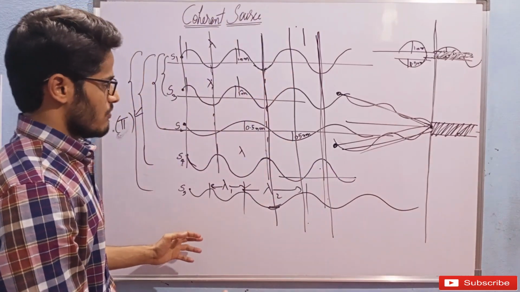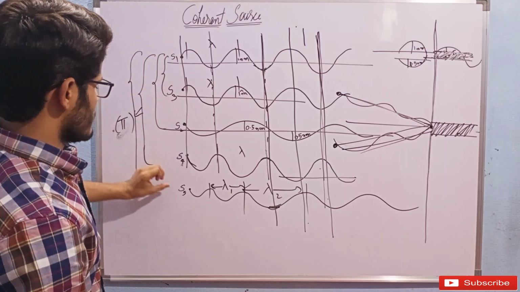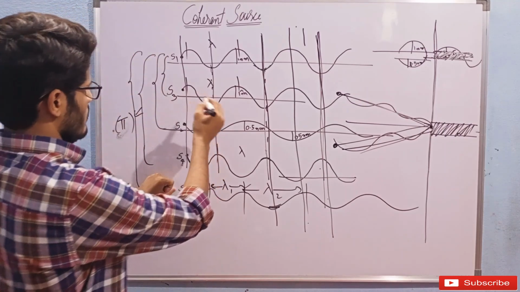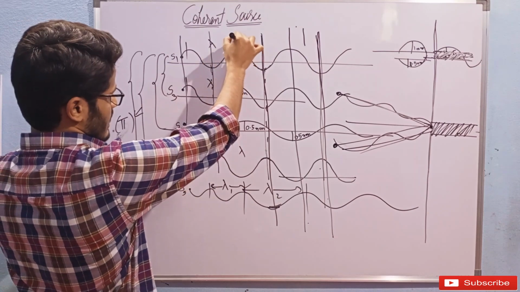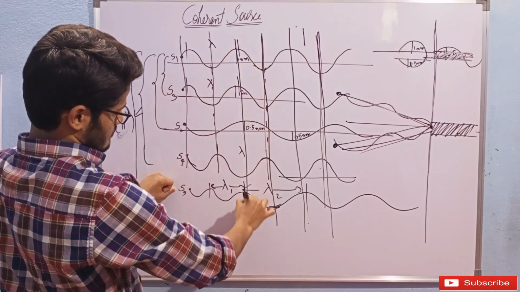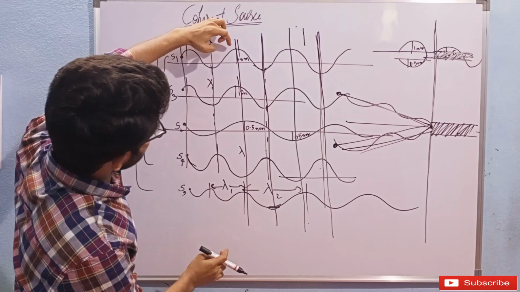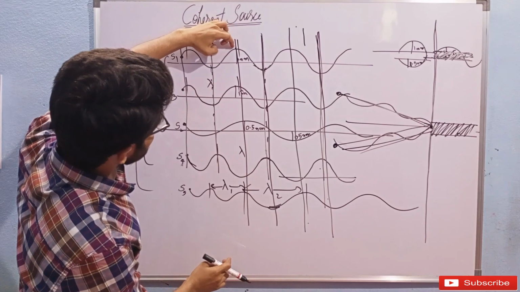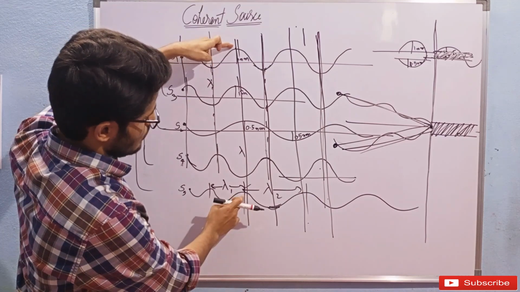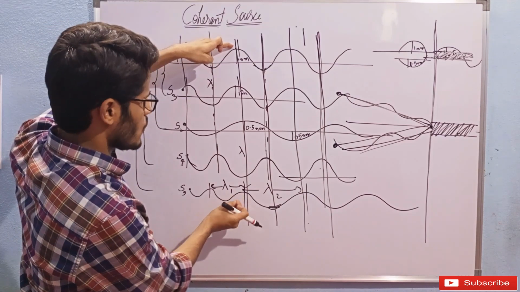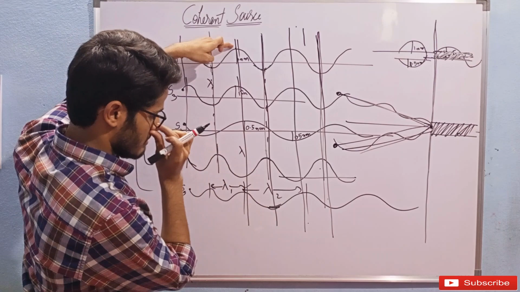Now if we compare the phase differences between S1 and S5, if I take this one, you see this ray is on its top, the other one is also top, a bit later it is coming.